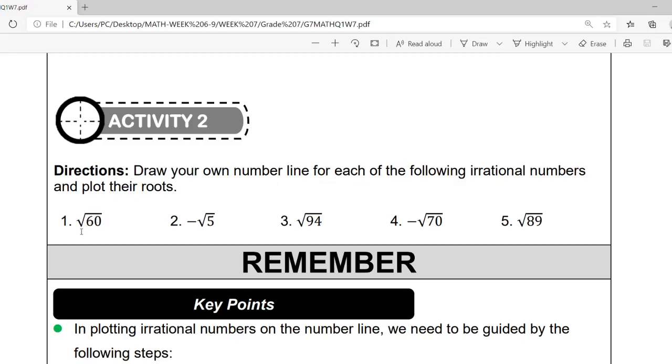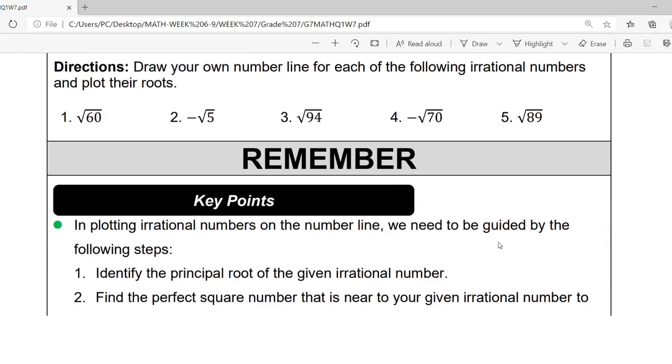Before that, you have to find first the lower perfect square and the upper perfect square. Then find out which it is nearer to, and plot the point. The same process with numbers 2, 3, 4, and 5.